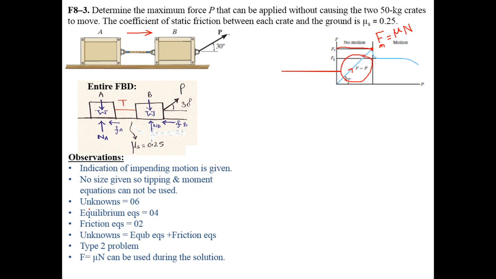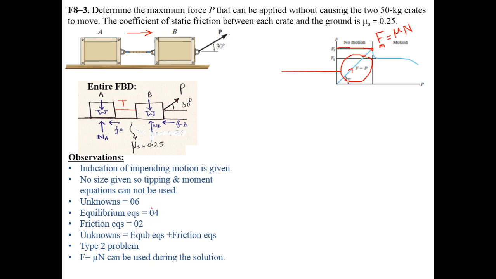Unknowns are six as we counted them: 1, 2, 3, 4, 5, 6. Equilibrium equations are four: 2 for this block, summation Fx, summation Fy; 2 for this block, summation Fx, summation Fy; and we have two friction equations also. So Fb equals mu b Nb, and Fa equals mu a Na. We can use these two equations during our solution because it's a type 2 problem.